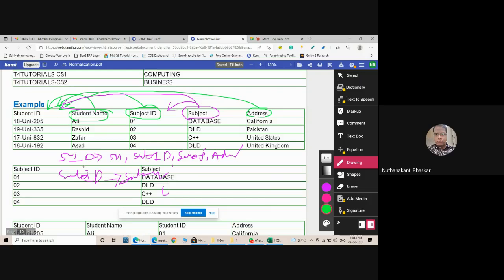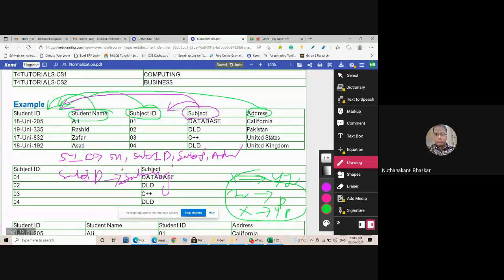Now, pseudo transitivity is there. Pseudo transitivity, you know already, means X determines YZ, then Z determines P, then we can write X determines YP. The same mechanism is here.